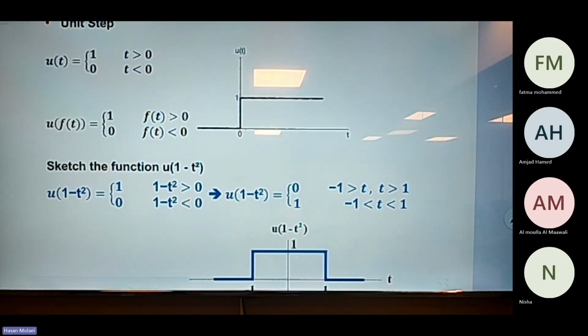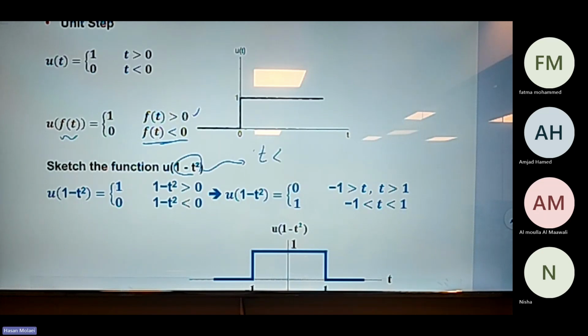In general, u of f(t) is 1 when f(t) is bigger than 0, and it's 0 when f(t) is smaller than 0. If we have u of 1 minus t squared, when is this value positive?